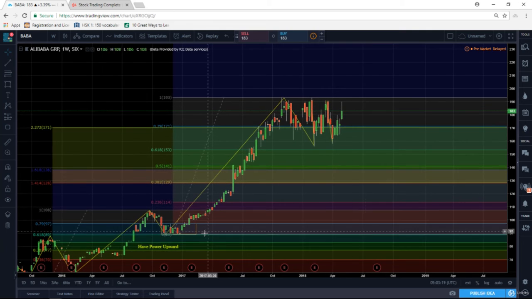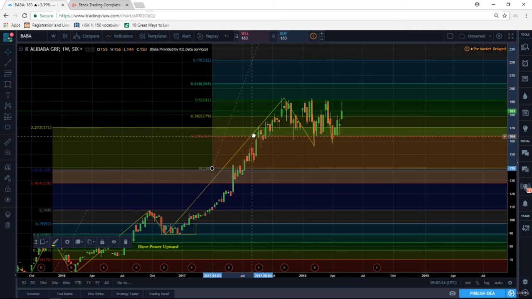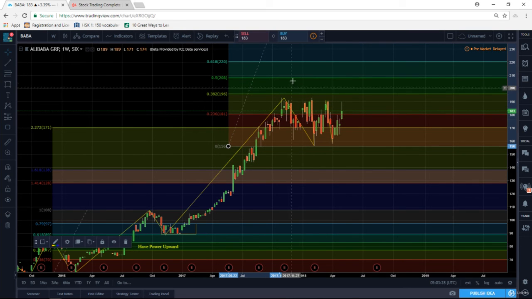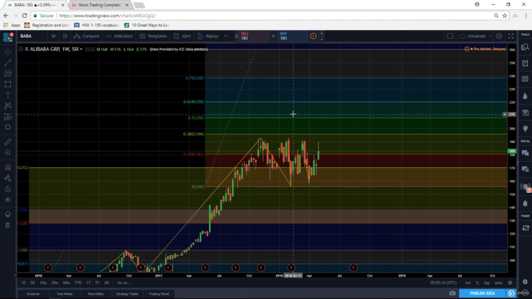So for your next target, you move this Fibonacci analysis to this new point, and you can see the new target is 222. This is an easy target. It can go again, repeating the same behavior before, and go beyond this point.